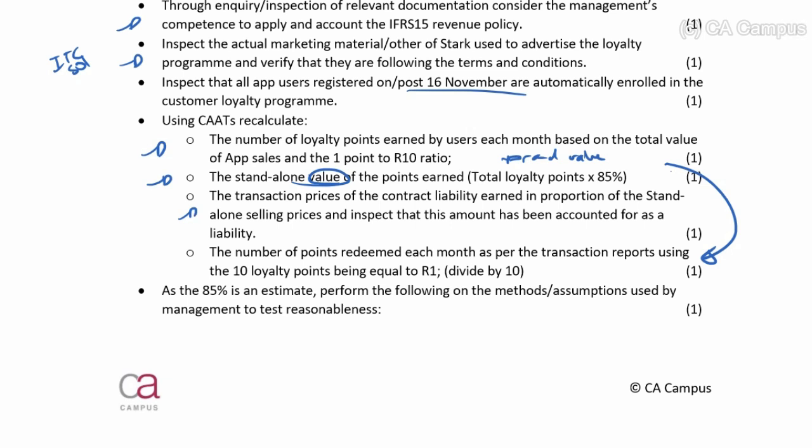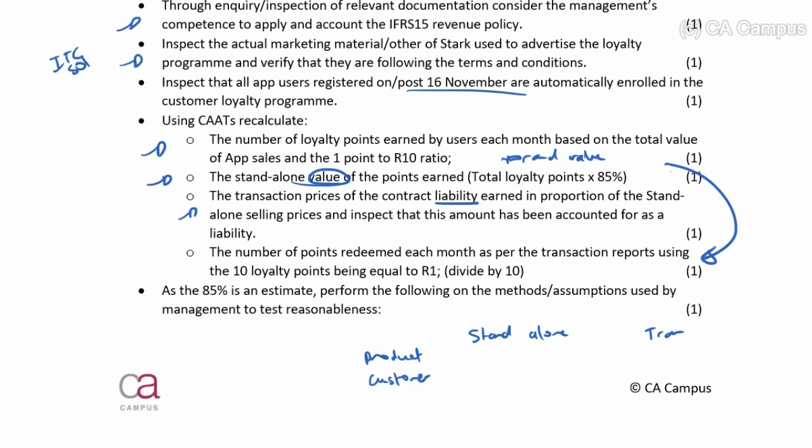How do we get that? You've got to use the standalone ratios, proportion, to get to the transaction price portion, so you can work out the contract liability. Because remember, guys, you'll have your standalone price and then your transaction value. You'll have it for your product, and then you'll have it for the customer loyalty.